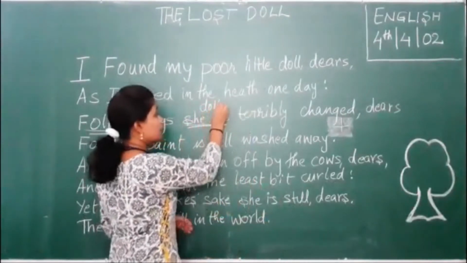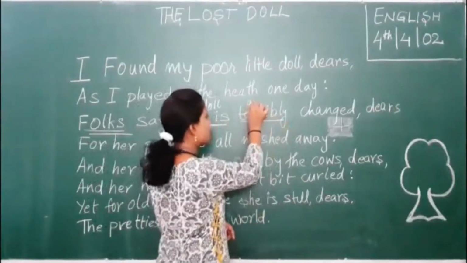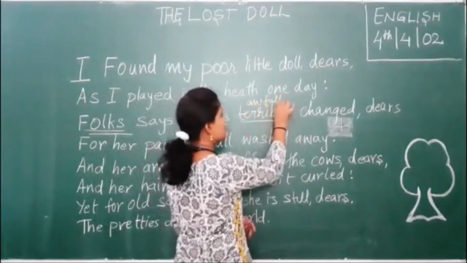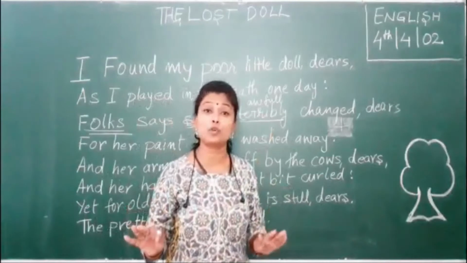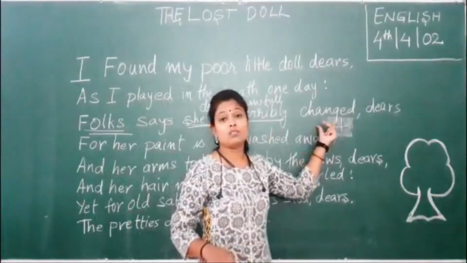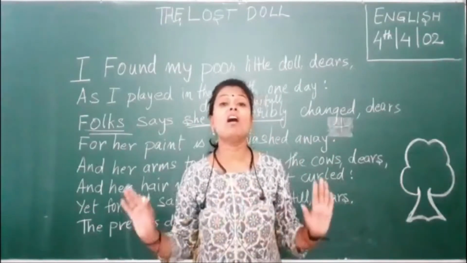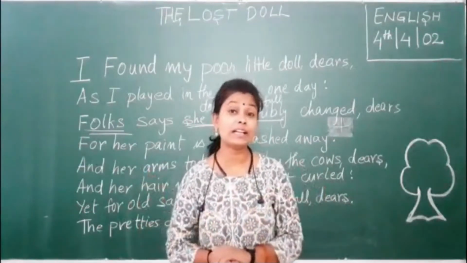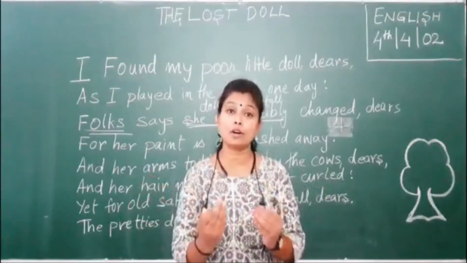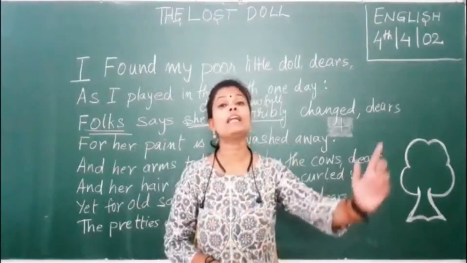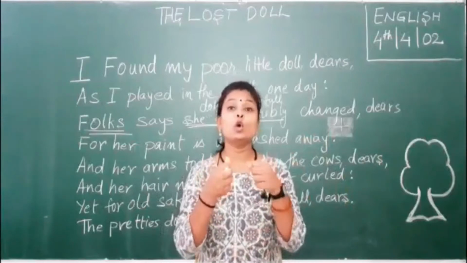Awful means it doesn't look beautiful now. She has changed very badly. Now she is looking very ugly. Why is she looking ugly? Because that girl lost her doll in a lonely place. A lonely place means a place where nobody comes.